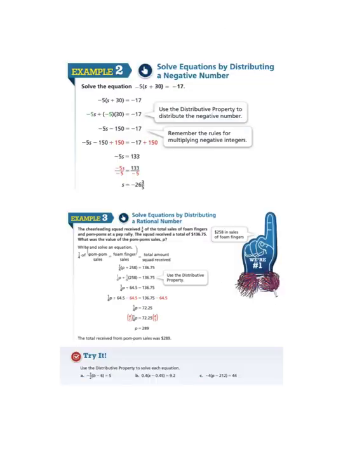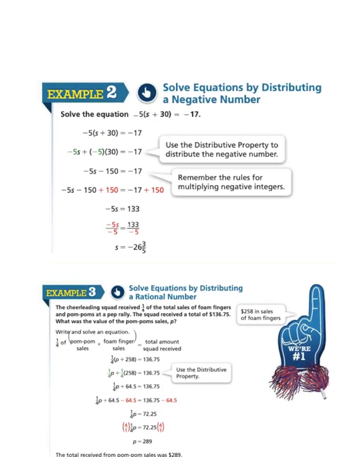All right, let's look at example number 2. Example number 2 is the exact same thing. We're just distributing a negative number. The important thing to remember about distributing a negative number is you have to remember your rules for integers. So it doesn't matter.